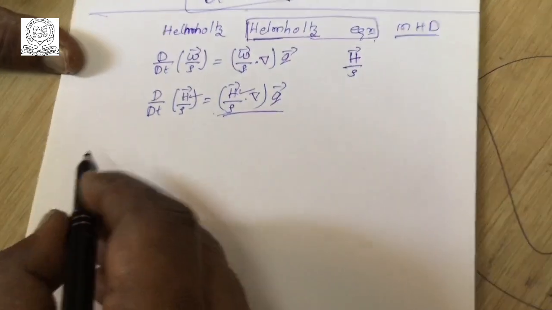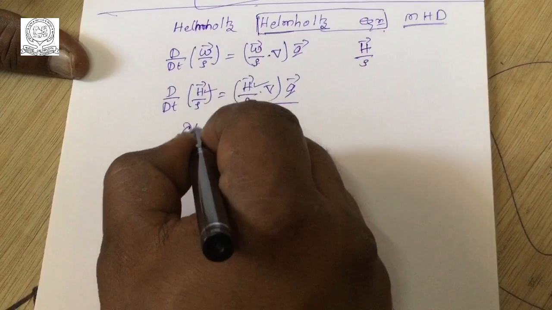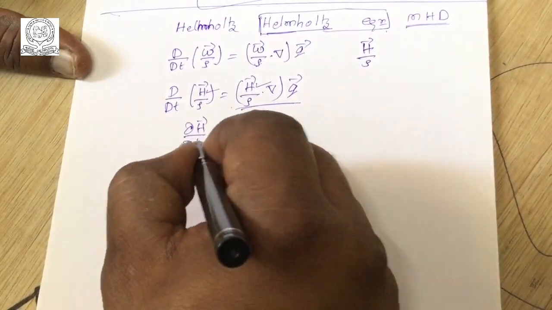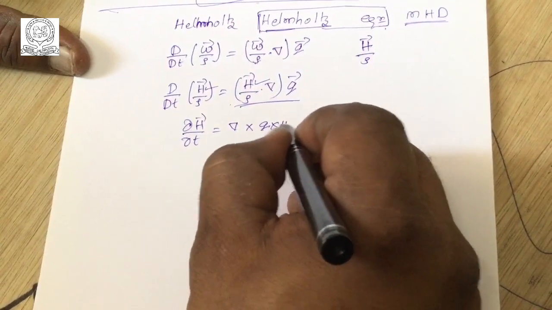We know for a perfectly conducting fluid, the magnetic induction equation is given by del H by del T is equal to del cross Q cross H. Is it right?